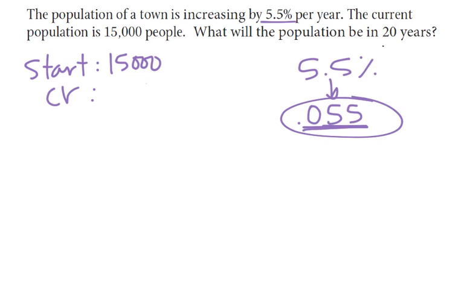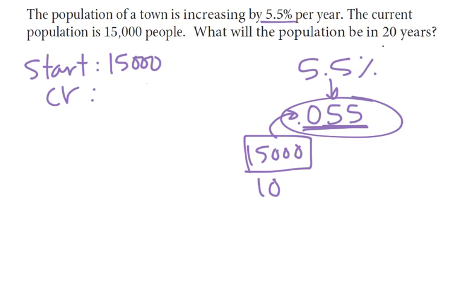Think of it this way. Those 15,000 people, we're assuming that even though some people die, they're being replaced. 5.5% includes people dying and being born or people moving in, whatever. So we know that we're going to keep 15,000 because we're growing above that.